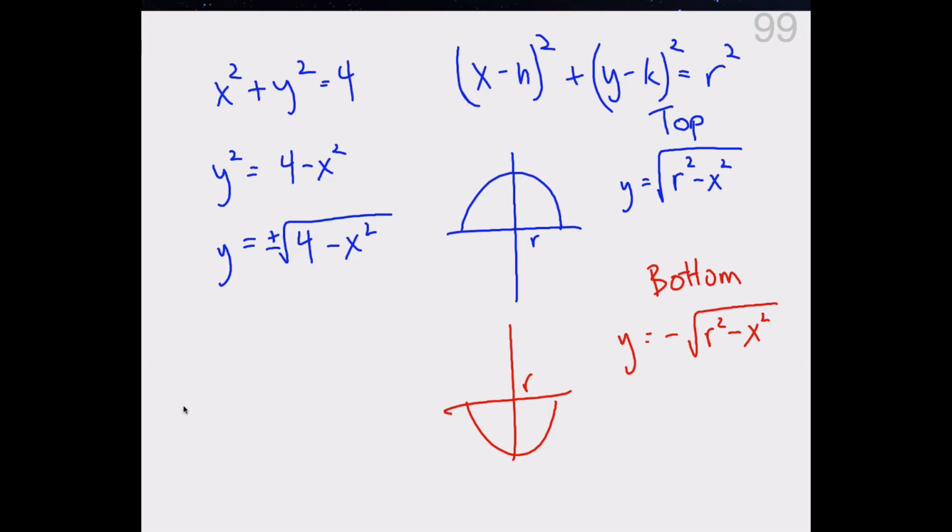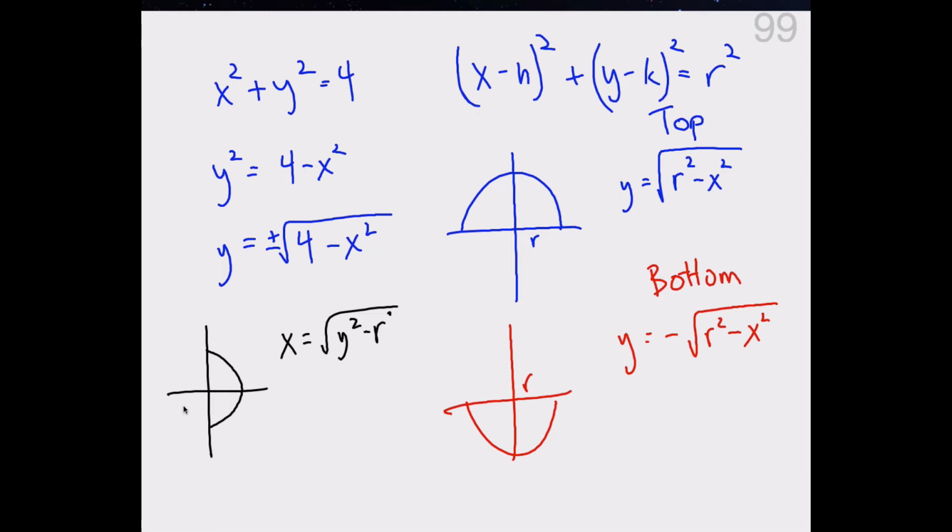Just for giggles, how would you do the left and right? The same thing, but solve for x instead of y. Perfect. And you would get a plus and minus. Which do you think would be which? Plus would be right. Good. Okay, so even though it's not a function, we'll still list it here. If we're talking about the right-hand side, that would be x is equal to the square root of y squared minus r squared.